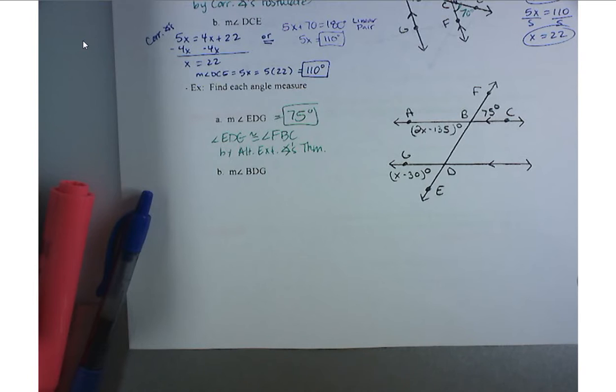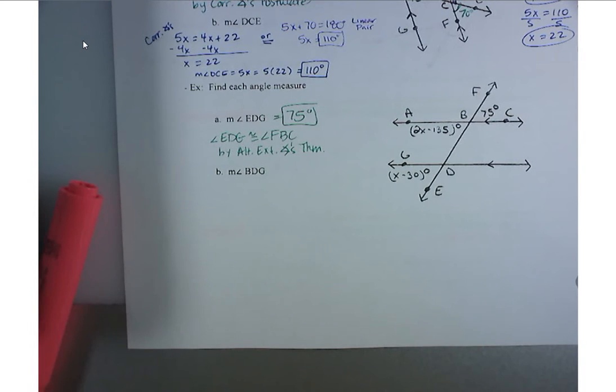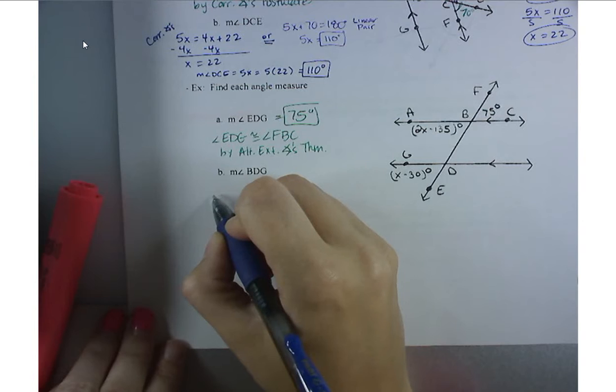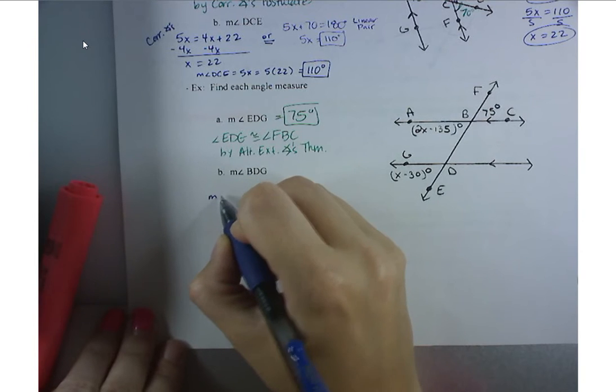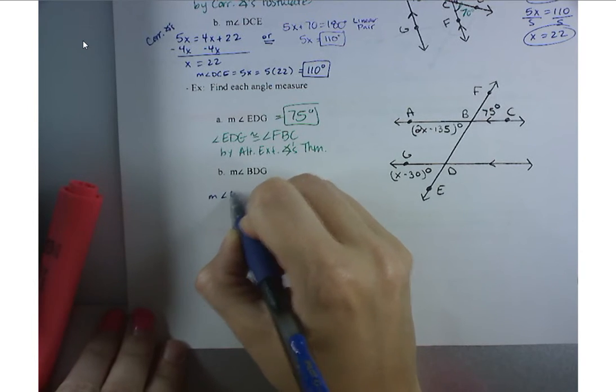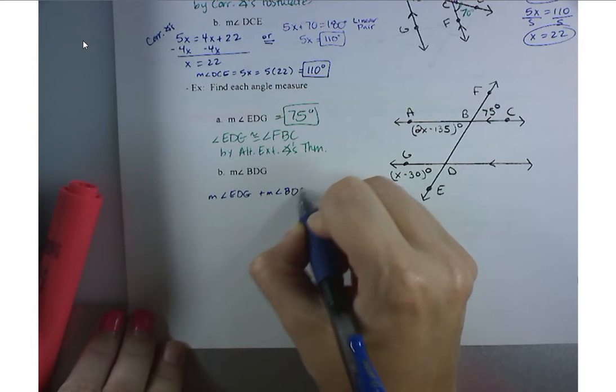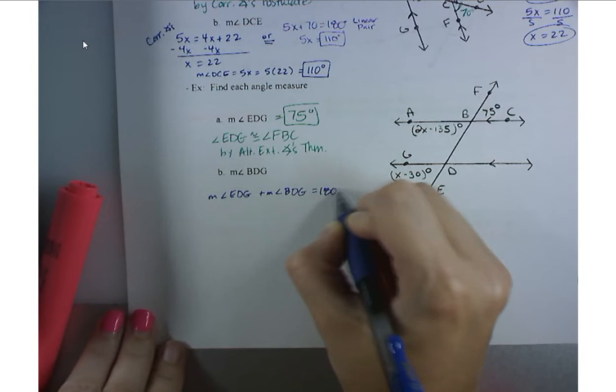Okay, and then the second one, you are finding BDG. Jana, tell me how you thought about this one. So for BDG, since we already... Okay, good. So we knew that the measure of EDG and the measure of BDG had to be 180 because they're what?